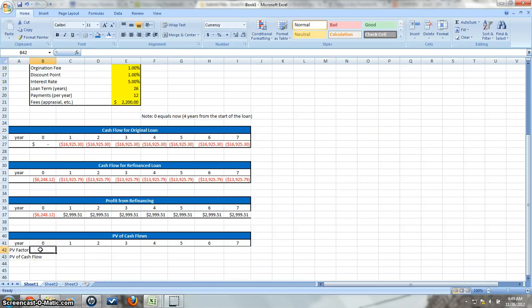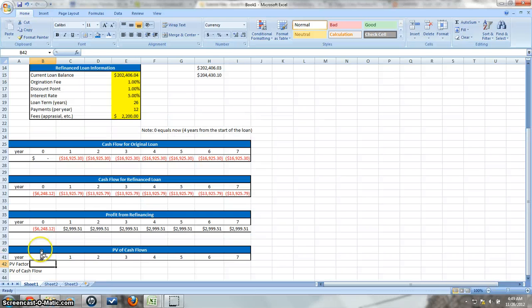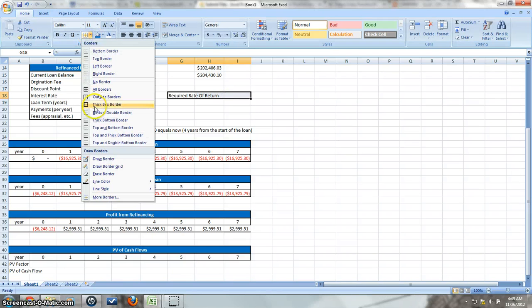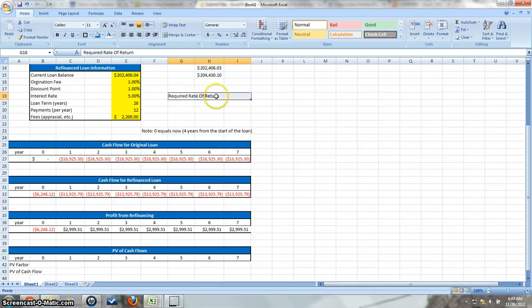Excellent. And the present value factor, we'll go ahead and required rate of return, put a thick border around this.